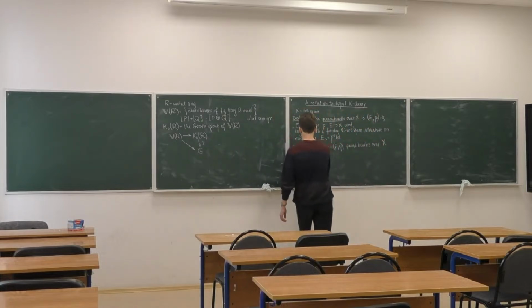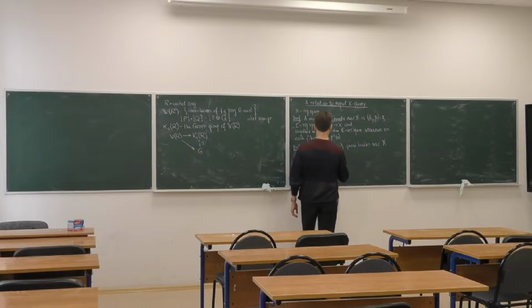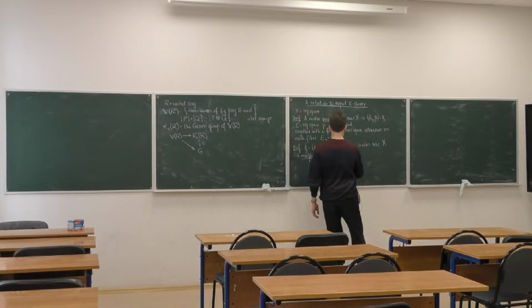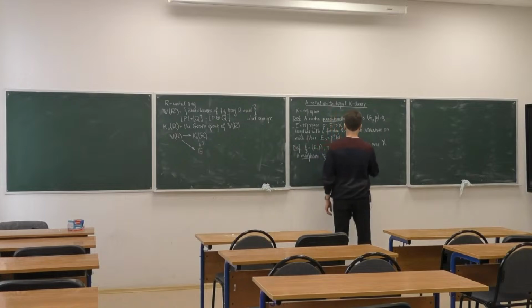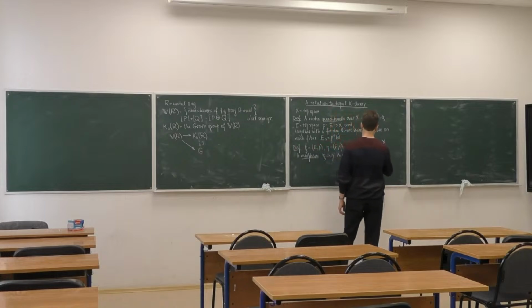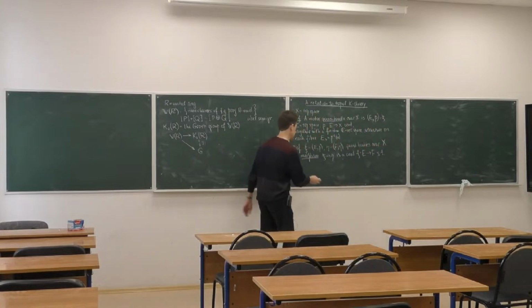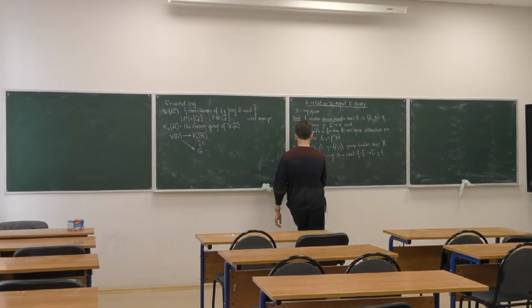We define a morphism from xi to eta to be a continuous map f from E to F such that, first of all, it respects fibers, or equivalently, the following diagram commutes.